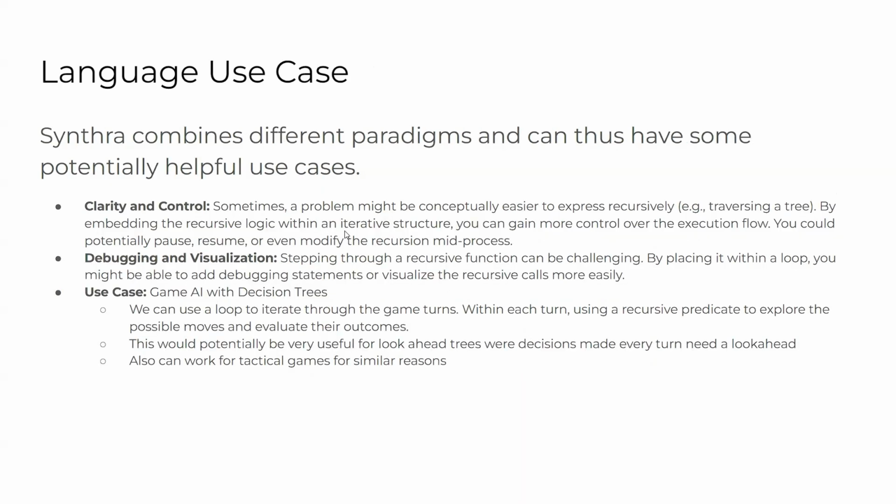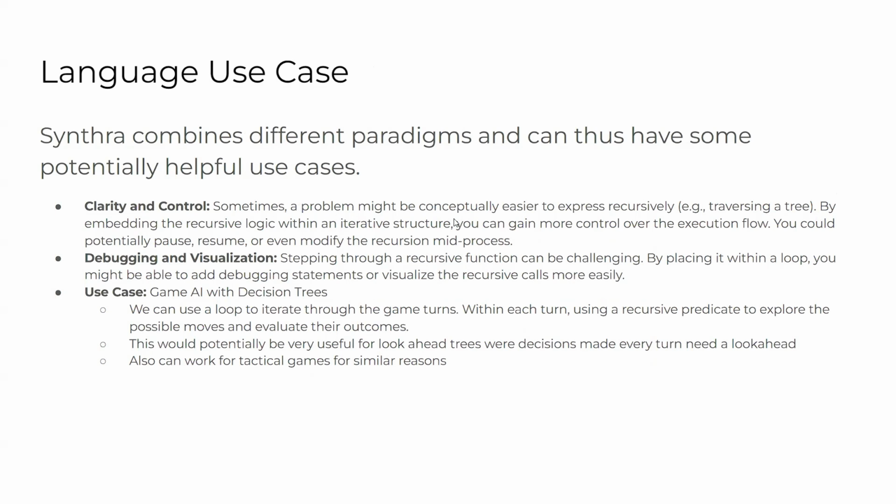The use case for this language was another part that we were looking into. This is a language that is combining both imperative and declarative paradigms. So one feature where we can use this language would be if a problem is easier to conceptualize when it is expressed recursively, by traversing over the output iteratively.